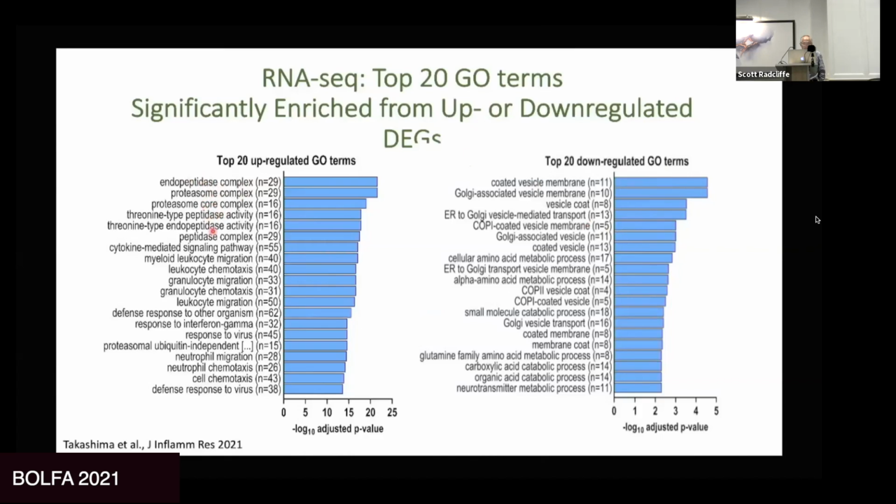That's very impressive, okay? And we also see a lot of cytokine signaling and chemotaxis, lymphocyte migration, etc. So in that category, it's mainly the protease and the lymphocyte infiltration and the cytokine signaling, okay?